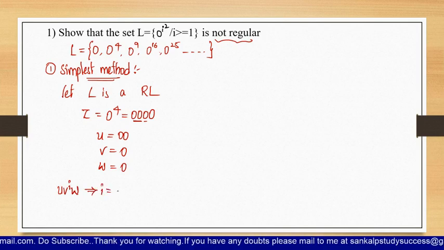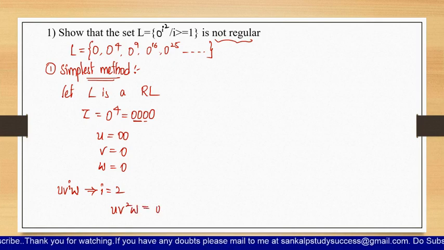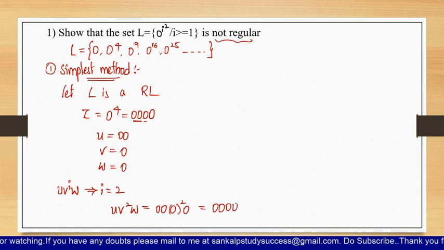You can also consider I equals 3, 4, 5 and so on. If I equals 2, then it becomes U, V square W, where U is 2 zeros, V square is nothing but 0 square and W is another 0. So what are we getting? 5 zeros, that is 0 power 5.